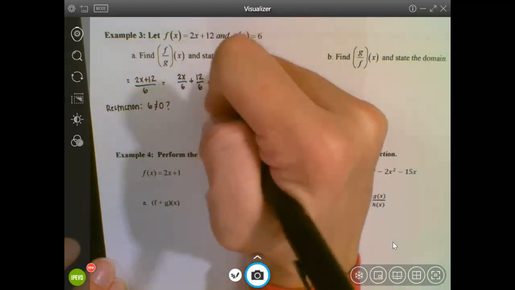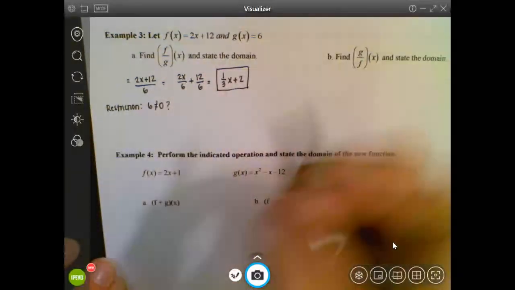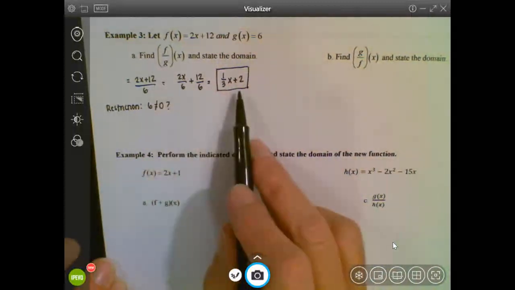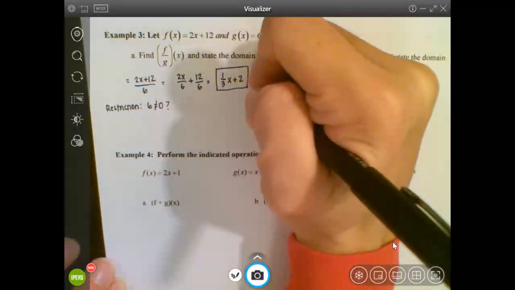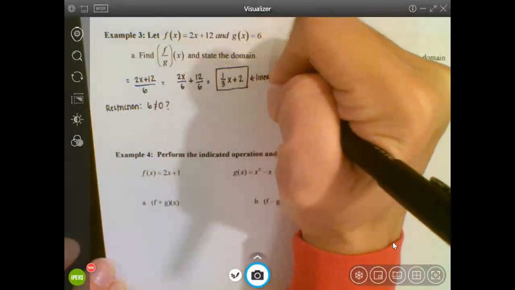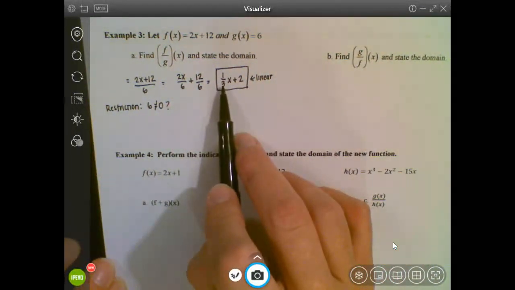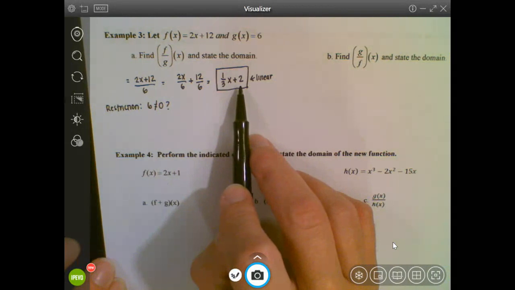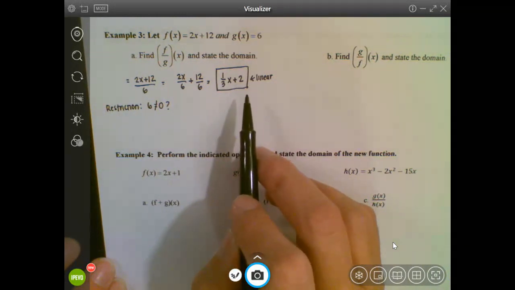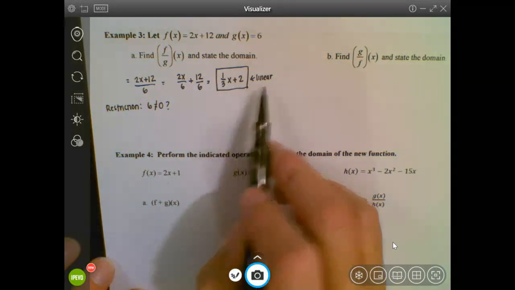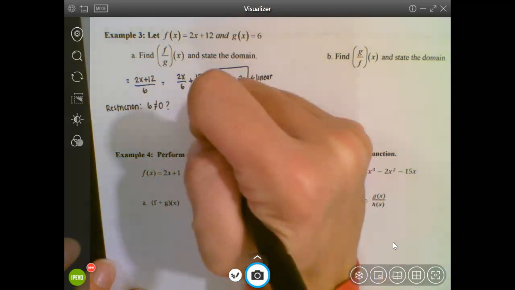So what is this telling us? Well, this is telling us that f of x divided by g of x is actually just a linear function. You'll notice that this is in the mx plus b format. This is my slope and this is my y-intercept. So a linear function always has a domain of all real numbers.